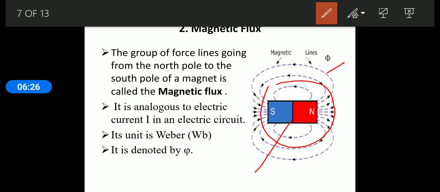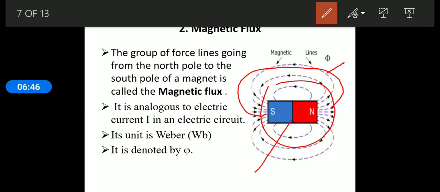The group of force lines going from the north pole to the south pole of a magnet is also called magnetic flux.